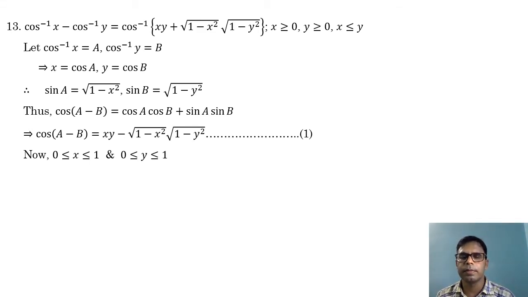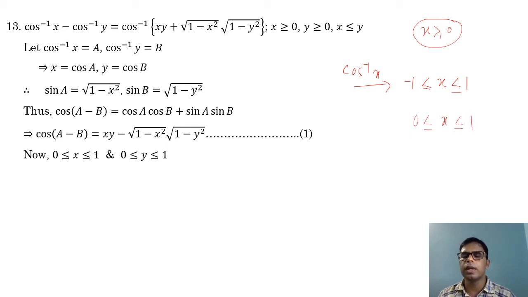you have this cos inverse x, whose domain was minus 1 less than or equal to x less than or equal to 1. But in this question it is given that x is greater than or equal to 0. X greater than or equal to 0 means it is confirmly from 0 to 1, and therefore from 0 to 1 is the value of x. But x was taken as cos a, so this implies 0 is less than or equal to cos a, which is less than or equal to 1.